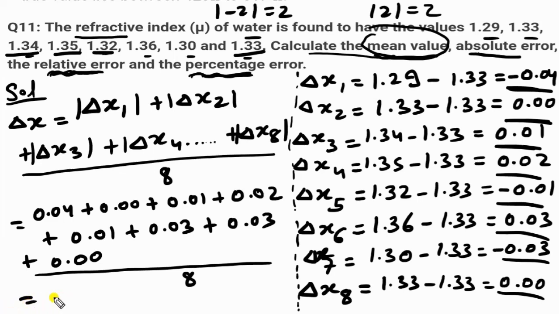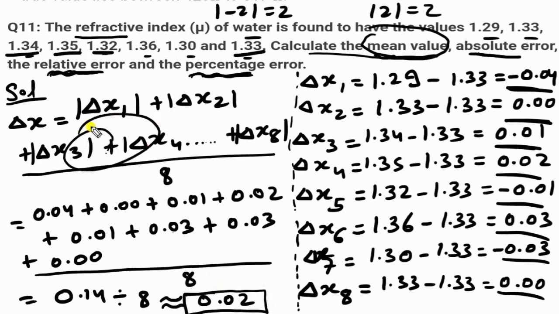This would give us 0.14 divided by 8, and after rounding off, we will get 0.02. Remember we are rounding off only to conform with the rules of significant figures. So this is our mean absolute error, 0.02.